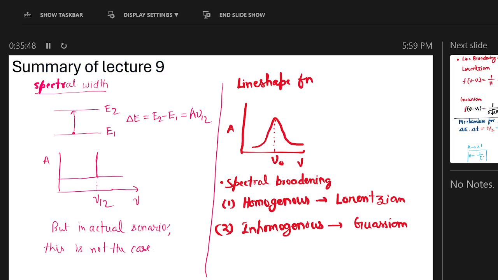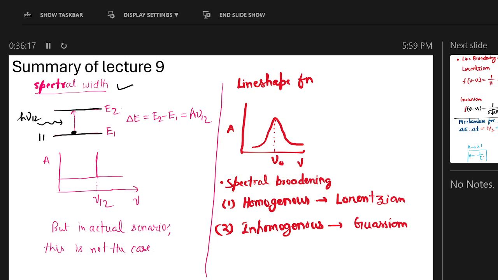Now coming to the spectral width. So what is the spectral width? Let's say we have two energy levels, E1 and E2. The energy of state 1 is E1, the energy of state 2 is E2. When you give some energy, h nu 12, the molecule makes a transition from state 1 to state 2.